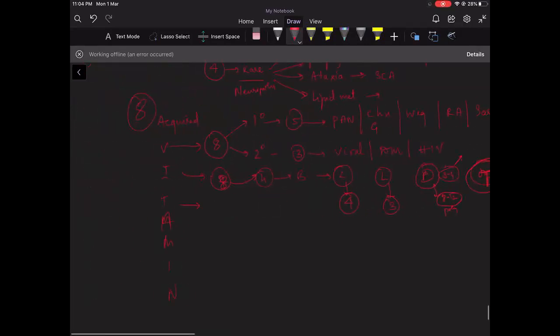Under toxin, we had studied 8 causes: 4 important metal causes known by the mnemonic MALT, and 4 other causes known by the mnemonic HOST, that is hexacarbon, organophosphorus, and tick neuropathy, and along with that, I forgot.